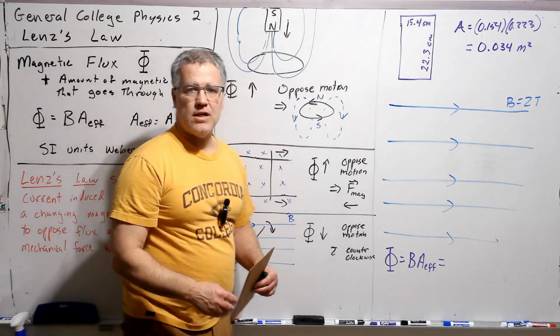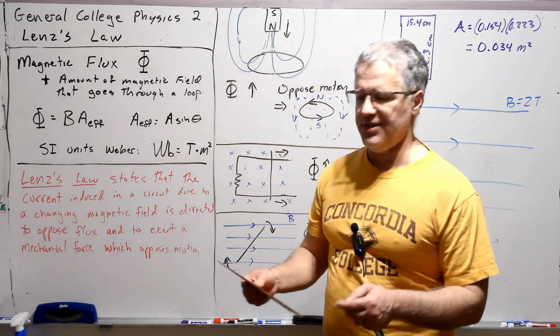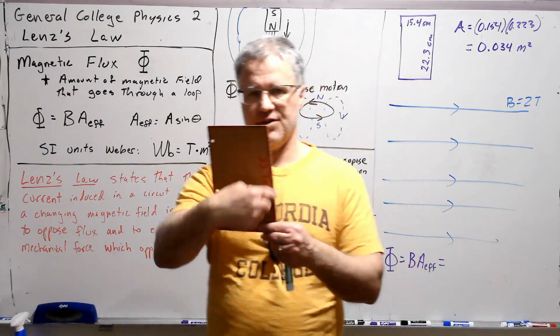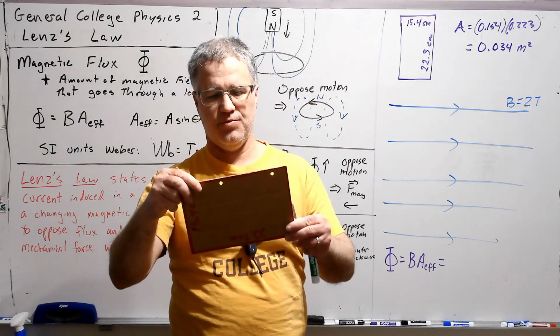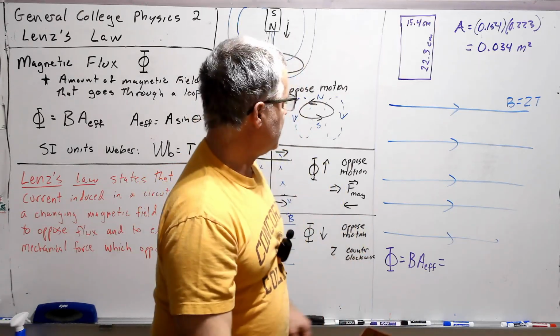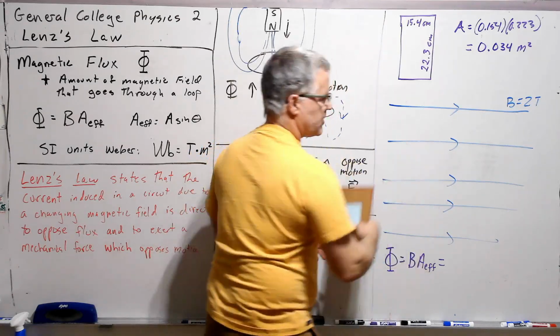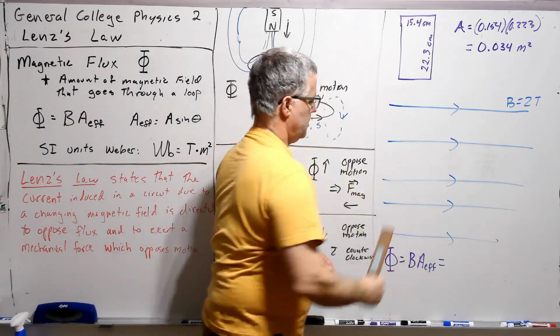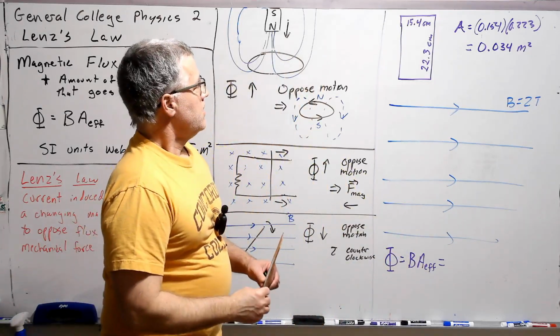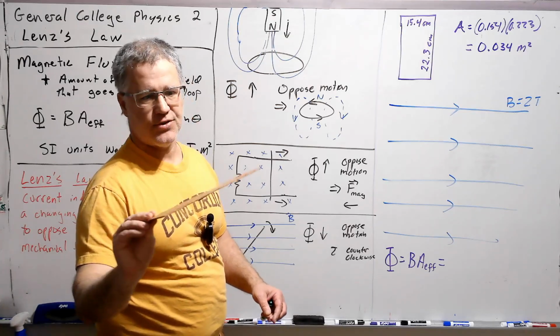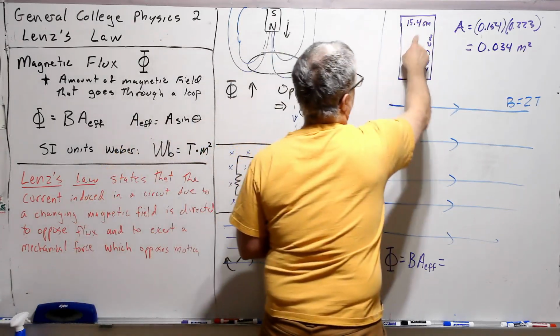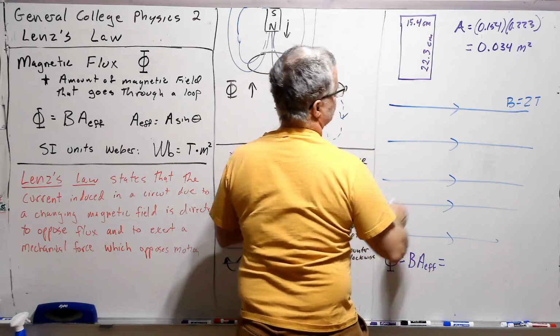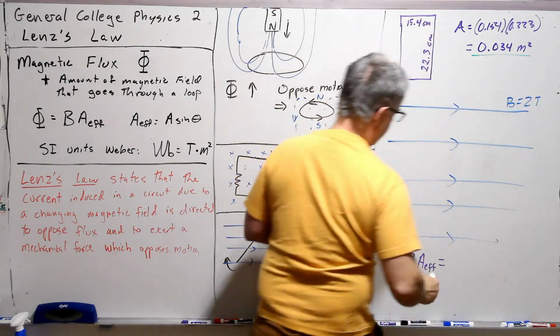Okay, let's just talk about a few cases here, and we'll use this as an example. So this is our loop again. And let's imagine this whole room is bathed in this 2 Tesla field. Now, we take our dimensions, which I wrote up here, and we get an effective area like this.